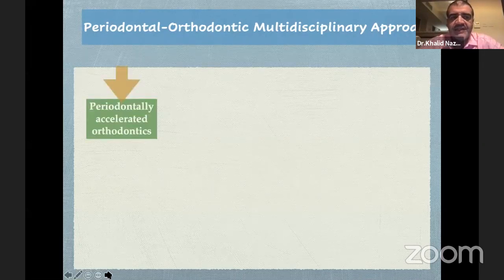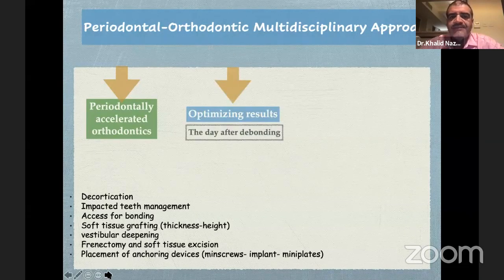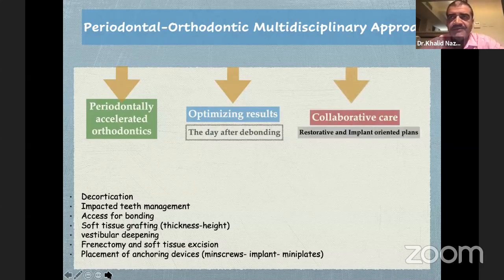The periodontally accelerated orthodontics fills a big list of procedures that we do, starting with the concept of decortication or management of impacted teeth, soft tissue grafting, vestibular deepening, frenectomy, and placement of anchoring devices, all the way to optimizing the results after the debonding of the orthodontic treatment, or what we call the day after debonding. And usually when we think about that, we think about aesthetic crown lengthening in general.